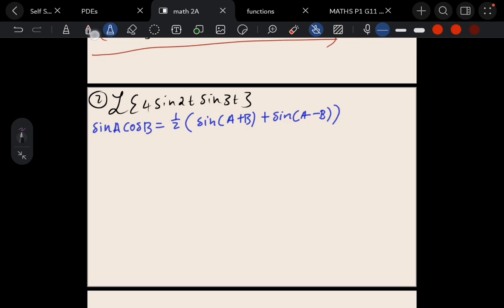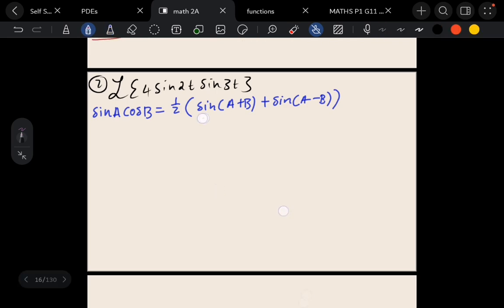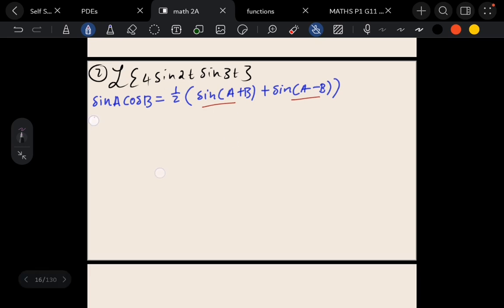And then, by doing that, we are going to have two separate functions that you can take the Laplace transform of. So I'm going to have the Laplace transform of 1 over 2 in bracket sine 2t plus 3t plus sine 2t minus 3t.